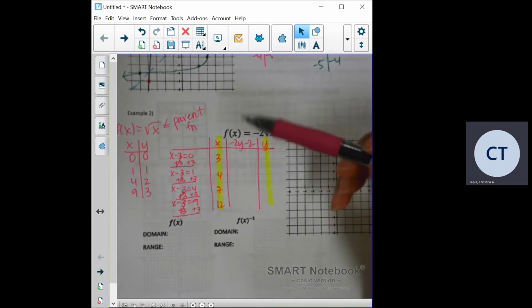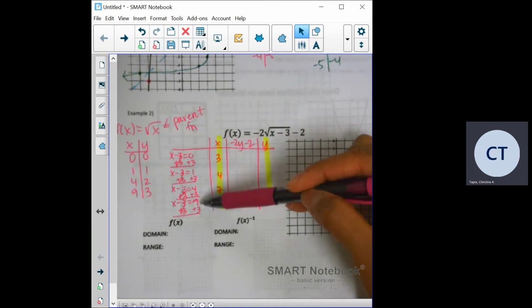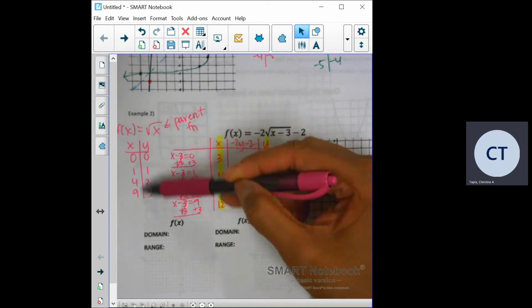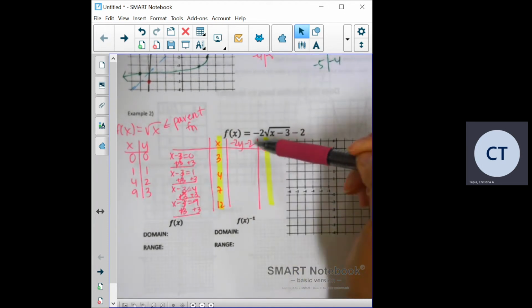We took all of the original x's and we set them equal to x minus 3. To find our new y's, take all of the original y's for the parent function and plug it in.